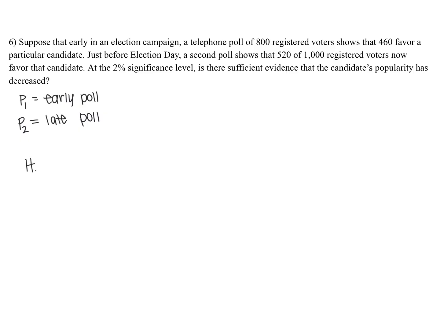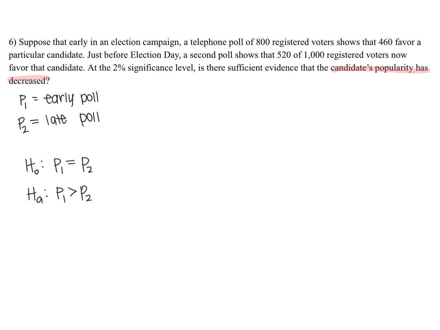So the null hypothesis is always P1 equals P2, always. The alternative hypothesis is then based on the wording of the problem. So it wants to know if the candidate's popularity has decreased. So that would mean that their popularity in the early poll should be greater than their popularity in the late poll. So we're testing to see if P1 is greater than P2.